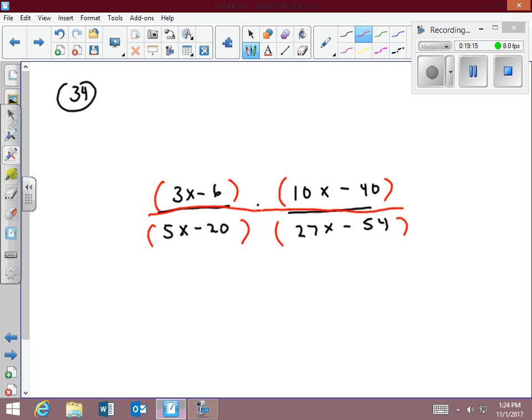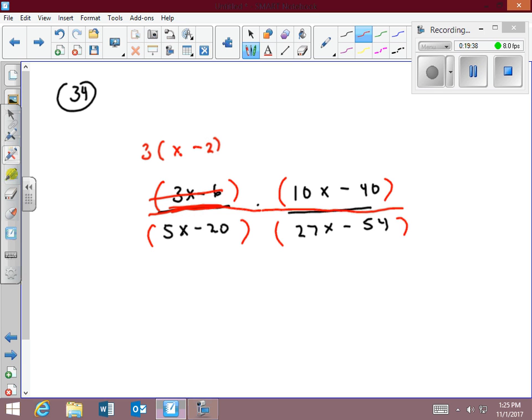Now what I want to do is start with this 3x minus 6. Can I factor it? It's written in descending order, leading term positive. How would I factor that? Take a 3 out and get an x minus 2, right?